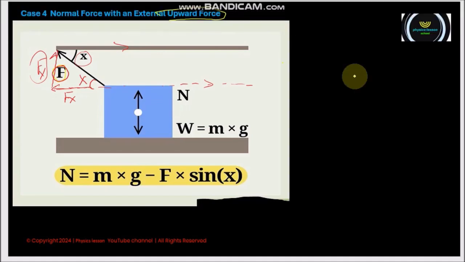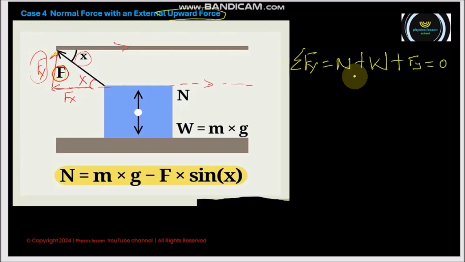So we have to add all the vertical forces. The sum of all the forces along the vertical is equal to the normal force plus the weight plus the other vertical force, where we decompose this force into Fy, and this is equal to 0.